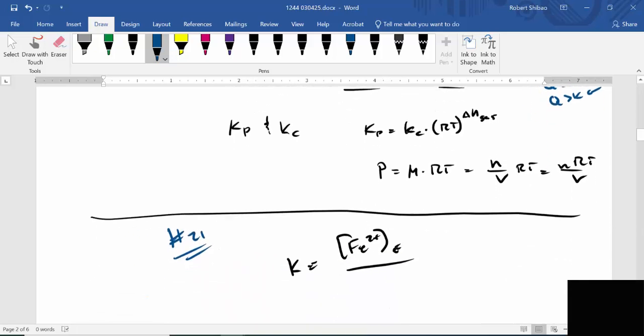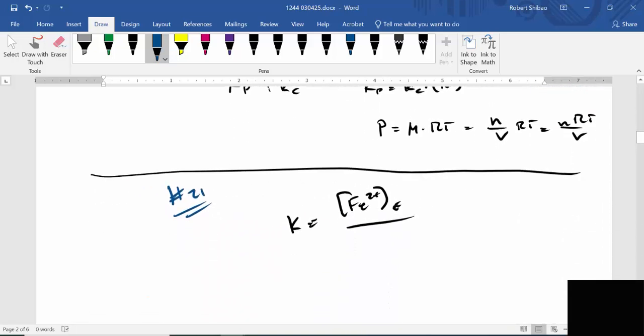So we calculate Q. But here we're given not the initials, we're given the equilibrium H plus. We need to cube that. This is the equilibrium. And we're given K, so we know what K is.